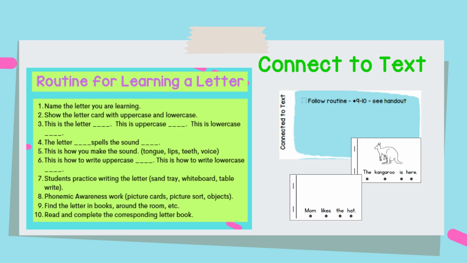Like in that example on the screen with a kangaroo, they should not be able to decode that word yet, so the picture is there for them. But other words are words that they could decode because they've learned all those letters, or they're high frequency words from that small bank of words that they are learning throughout. I have strategically mapped those words out in my scope and sequence so they appear at certain times and you teach them at certain times.